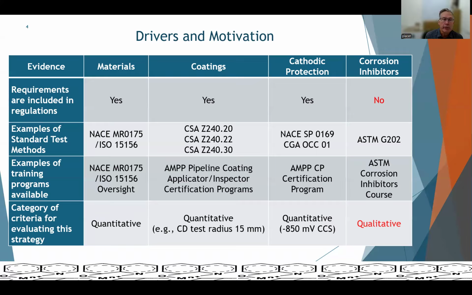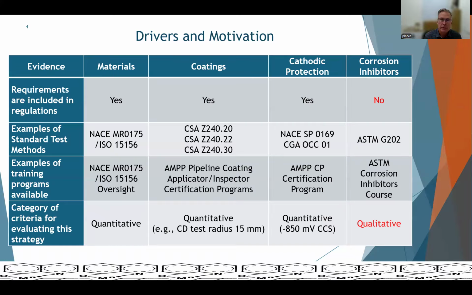Similarly, in coatings, we've got embedded requirements and regulations to use different test methods to evaluate your materials. There are training programs available and certifications aplenty. And there's, again, quantitative criteria for evaluating the suitability of a material for protective coating.